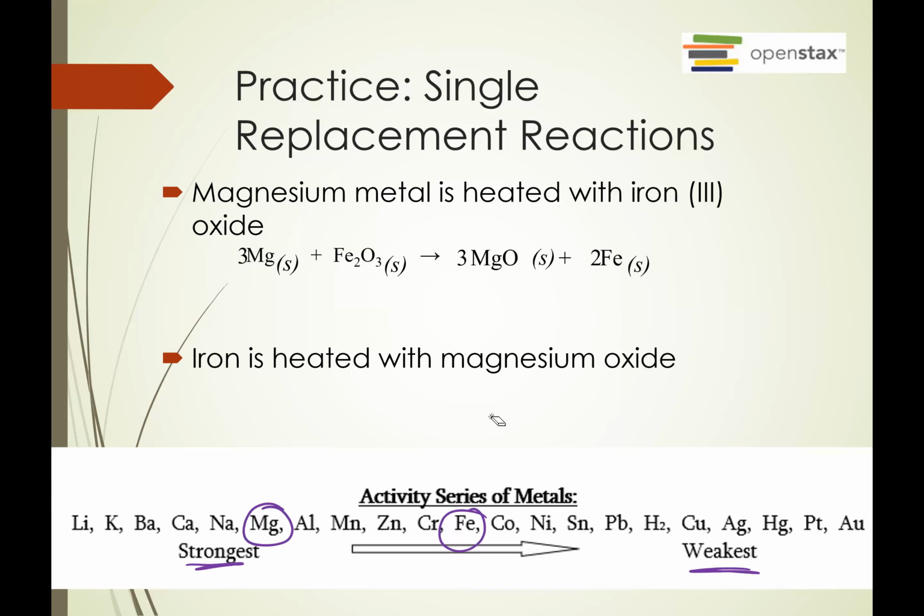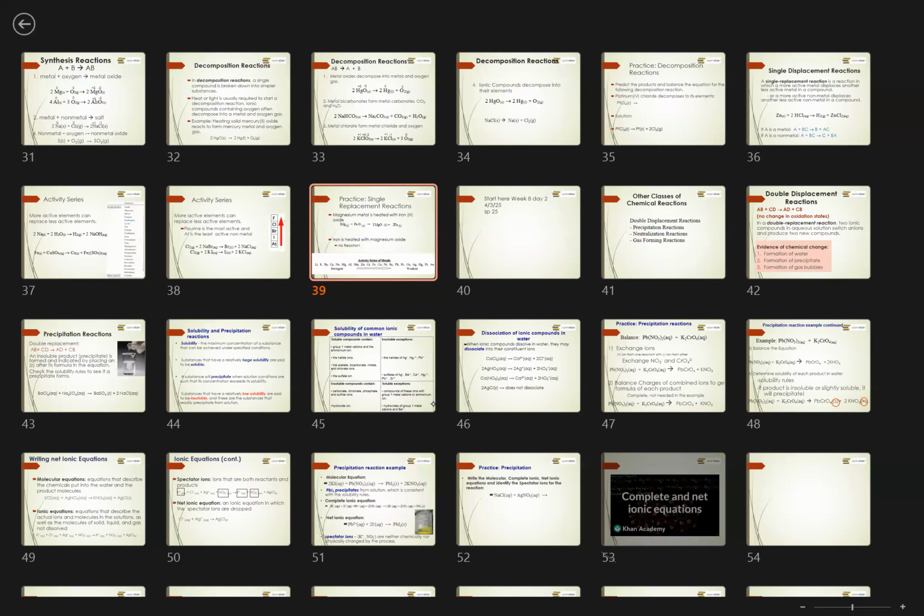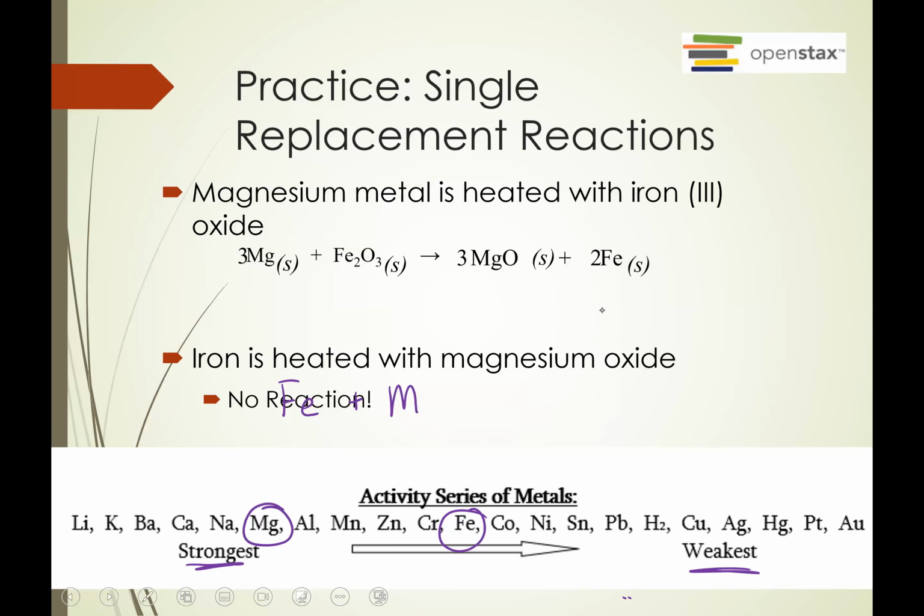So iron is heated with magnesium oxide. Fe is heated with magnesium oxide.